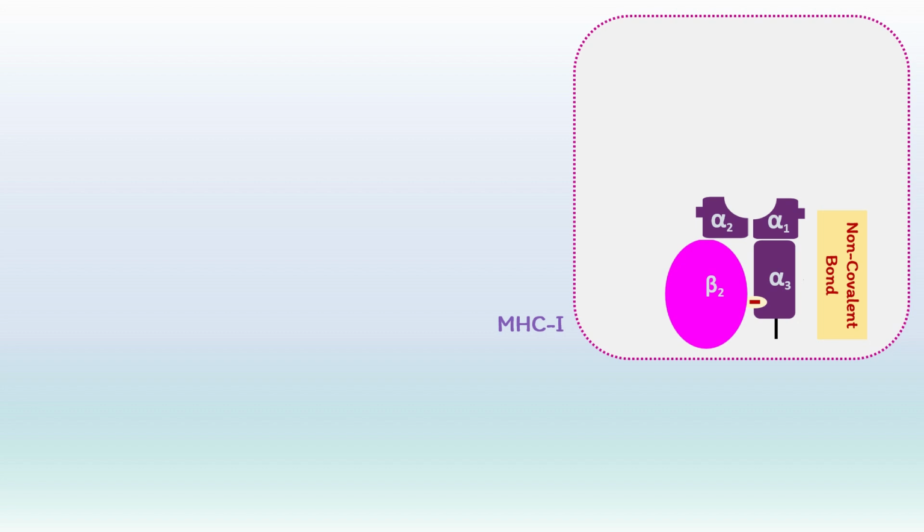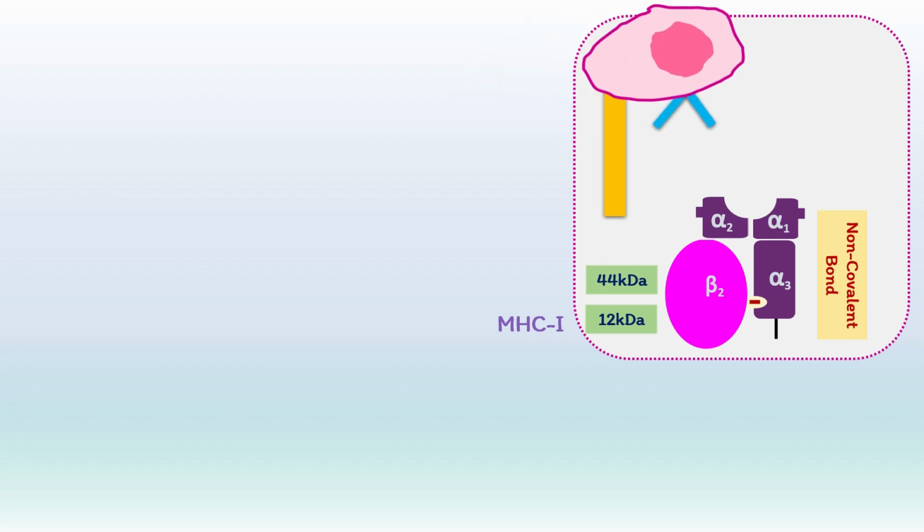Let's move into the detailed structure of these chains. Beta-2 microglobulin consists of a 44 kilodalton heavy chain and a 12 kilodalton light chain, and cytotoxic T cells have a T cell receptor and CD8 co-receptors.